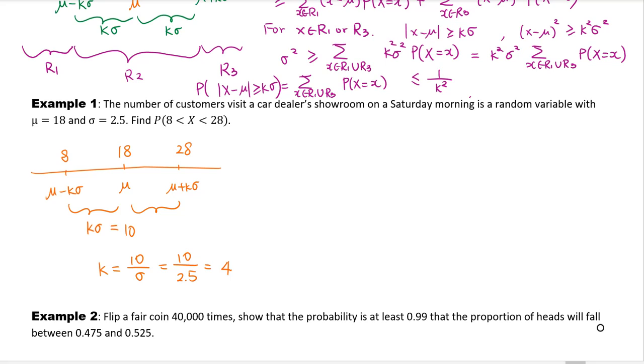So by the Chebyshev theorem, we have the probability of x between 8 and 28. So we know the probability of x near the mean is large. How large? Greater or equal to 1 minus 1 over k squared.